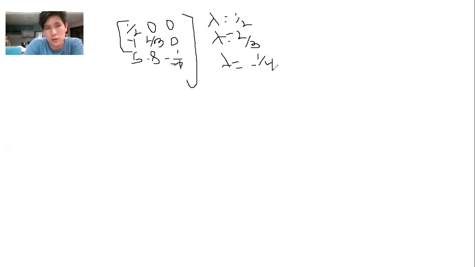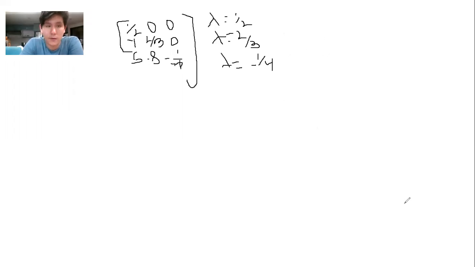So we will always have 2 or 3 lambdas, but we can also have 1. We can't have more than 3. So this is the way to resolve these eigenvalues and eigenvectors.